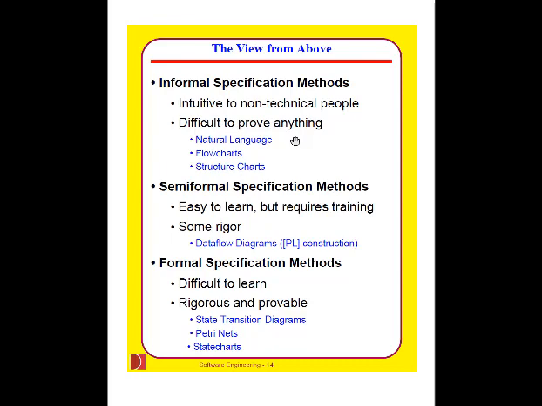And Petri nets are one of the more arcane formal specification methods. Not a lot of people use them in real applications, but they're great for theoretical explorations on, again, rigor and provability. And then finally, state charts, which actually are a valuable and rigorous approach for software specification.